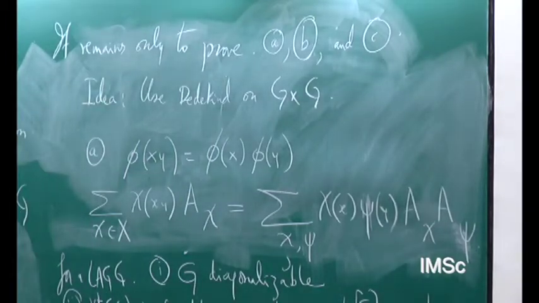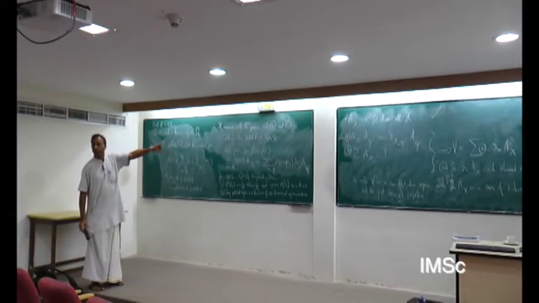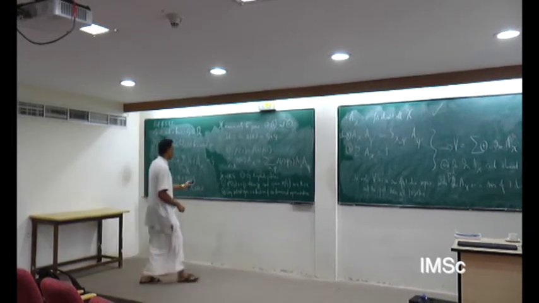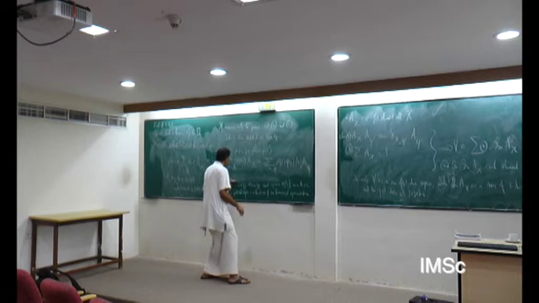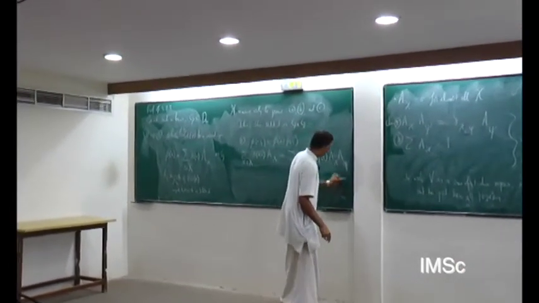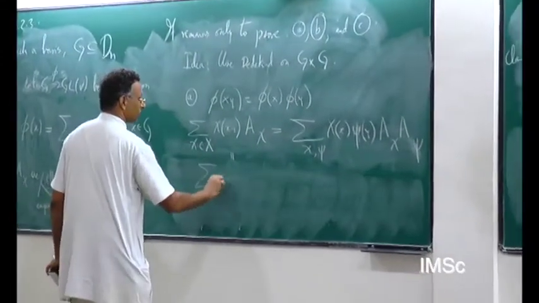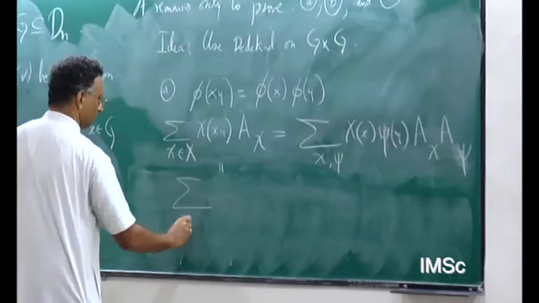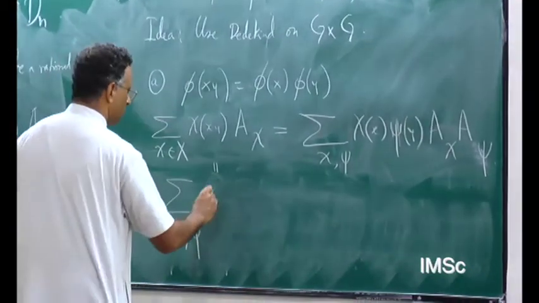Now I can use a dummy substitution on the other side, and I can write this as chi of x.